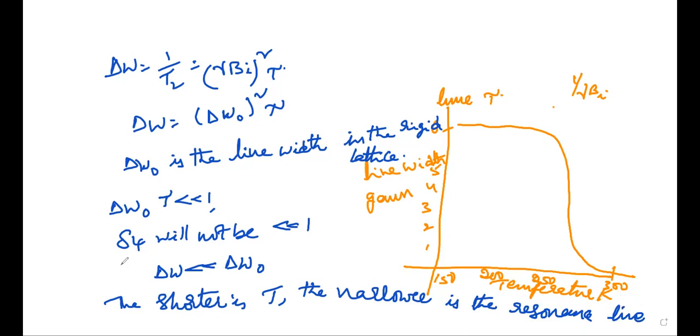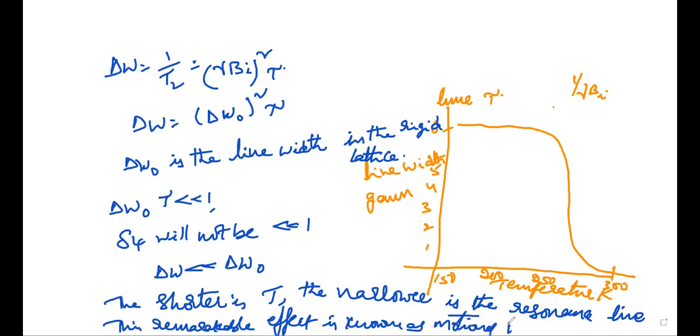This remarkable effect, the shorter the tau and the narrower the resonance, is known as motional narrowing.